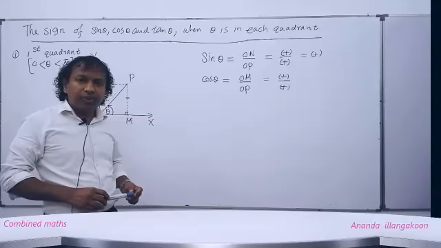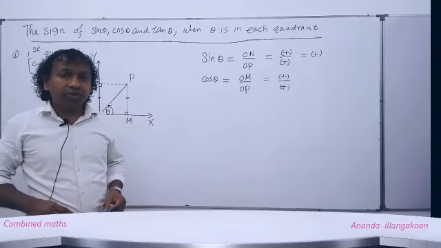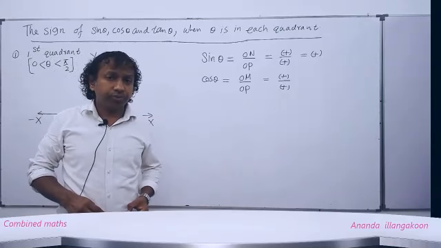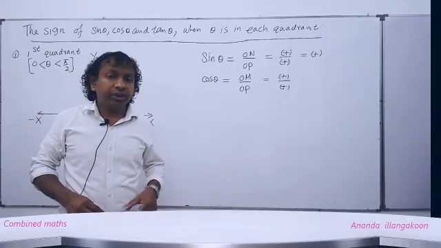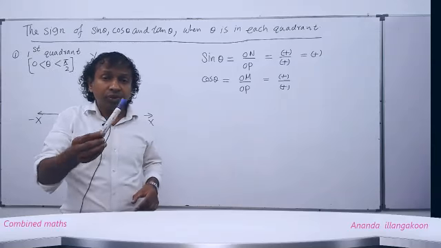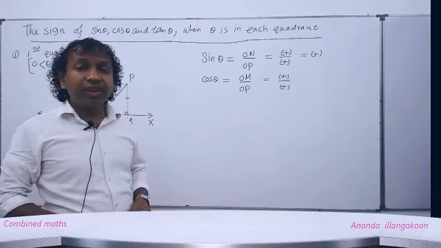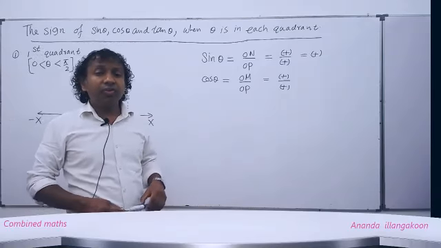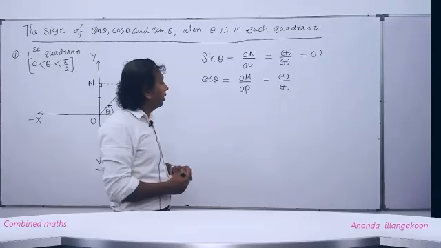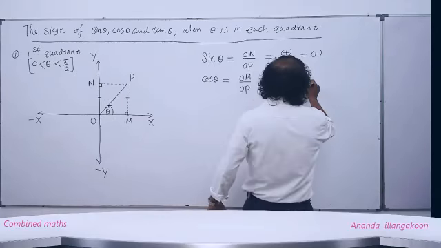Understand, people? OP is a line segment of fixed length and it can freely rotate about O. Once it rotates to a different position, nobody can say its length will be negative. No, it is always positive. Then plus by plus is also plus.